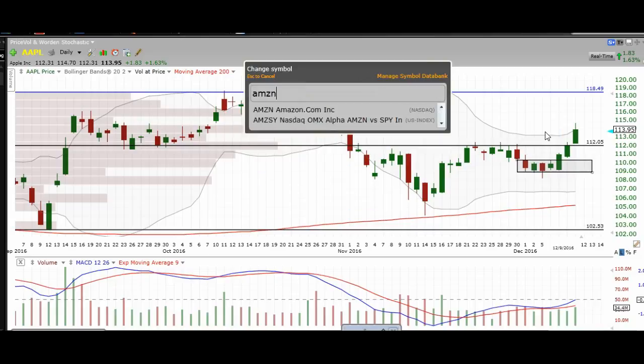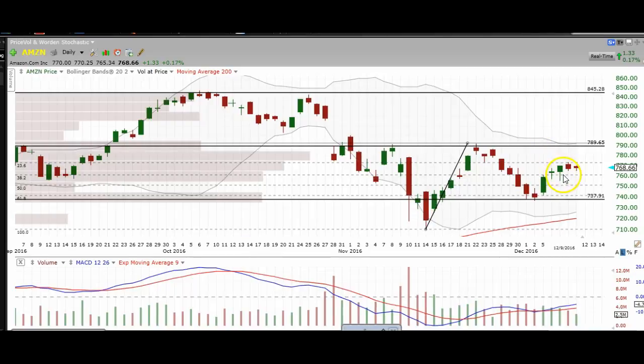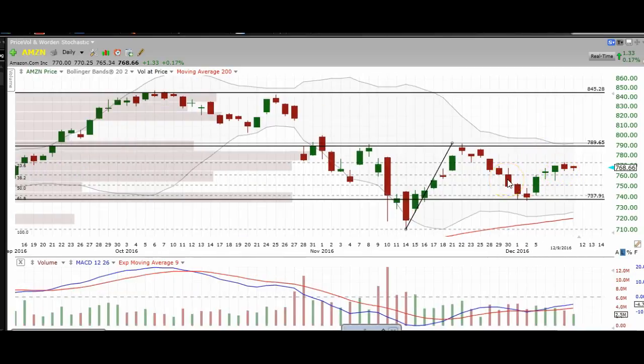The next one we're going to take a look at is Amazon. Amazon here, if you've been following along, congratulations. We liked it for a long here against this about 738 level right here based off of the support from these candles as well as the Fibonacci retracement level drawn from these lows to these highs, and that gave us the Fibonacci retracement level of 61.8, the golden ratio right here.